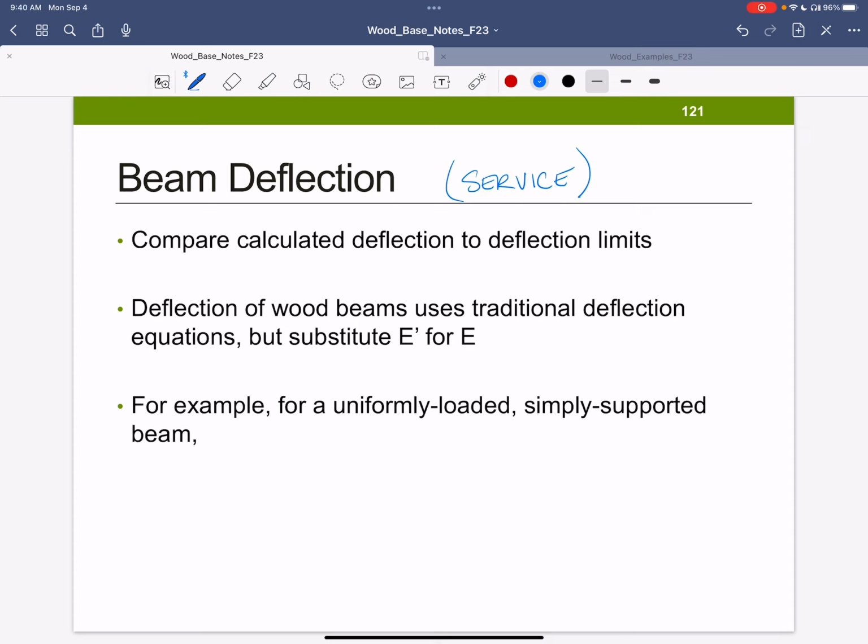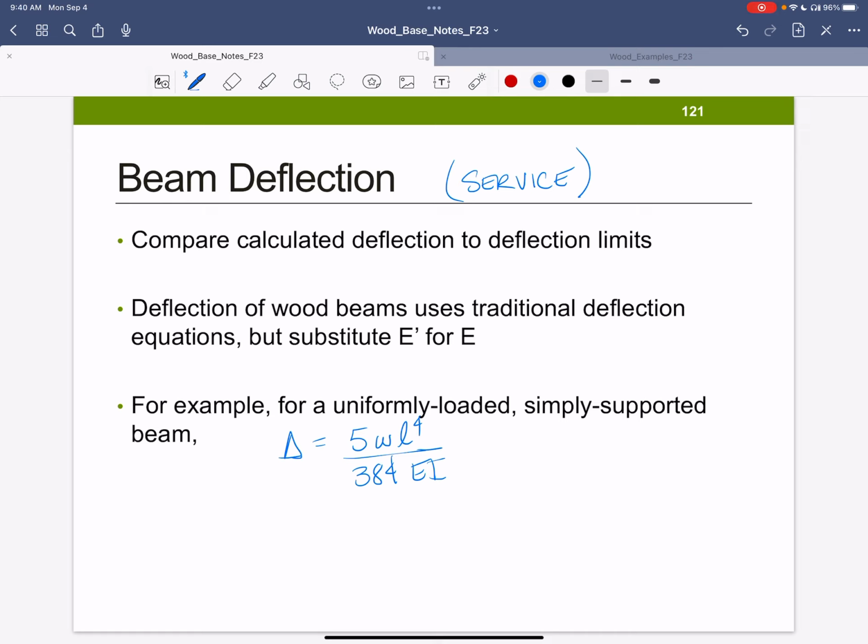So what do we do? You compare the calculated deflection to deflection limits like we always have done. The deflection of wood beams uses the normal equations. For instance, for a uniformly loaded, simply supported beam, that's good old delta equals 5wL^4 over 384EI. If you don't remember that one at this point, you should probably commit it to memory. That's the one deflection equation that's helpful to have off the top of your head.